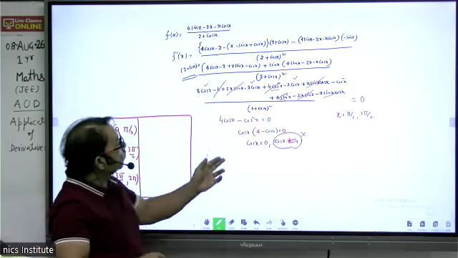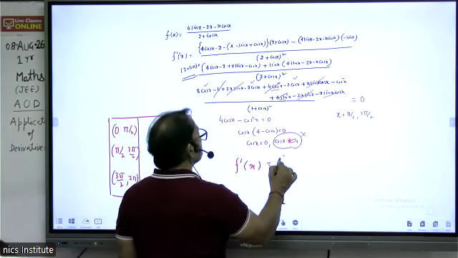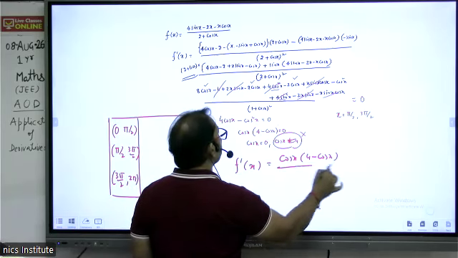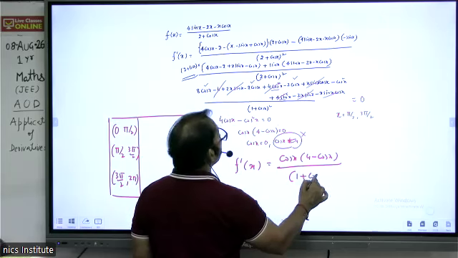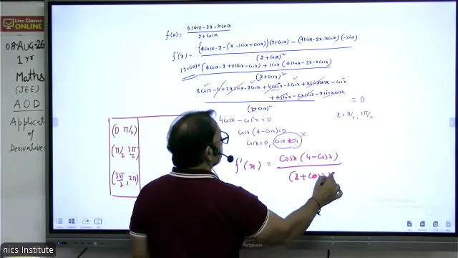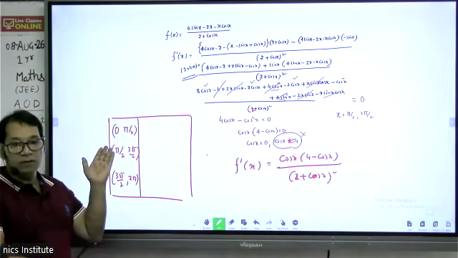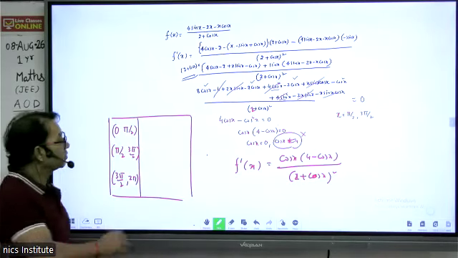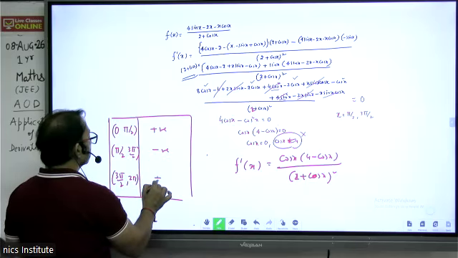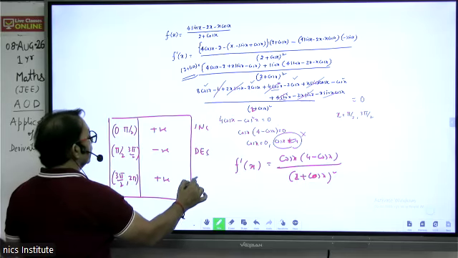In 0 to pi by 2, you see your f dash x is coming out to be cos x into 4 minus cos x divided by 2 plus cos x whole square, right? If you take any value between 0 to pi by 2, first quadrant, everything is positive. So it will be positive, negative, and positive. Increasing, decreasing, increasing.